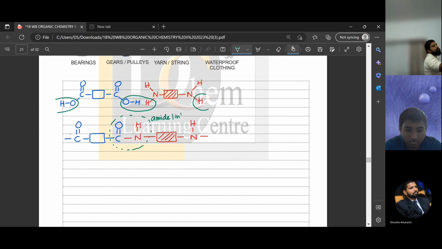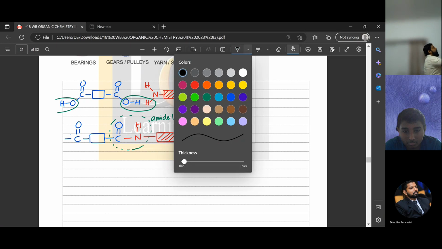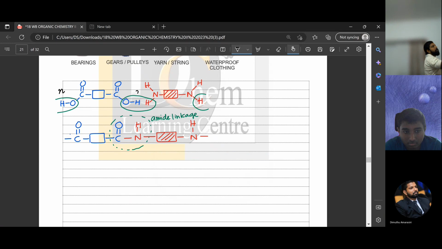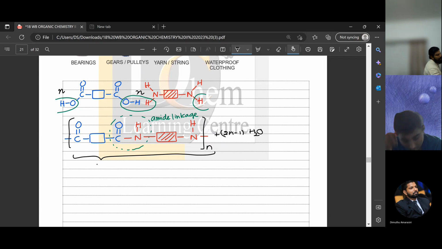Since you have n monomer units and here is the repeating unit, n plus n, minus (2n minus 1) water, and this whole thing is called polyamide. Is that clear?